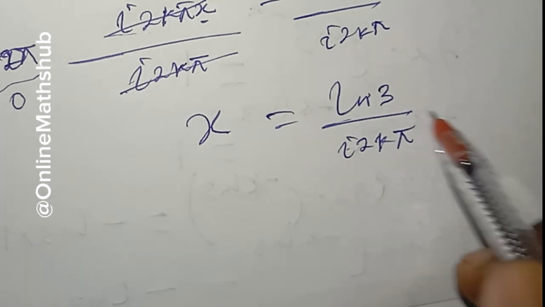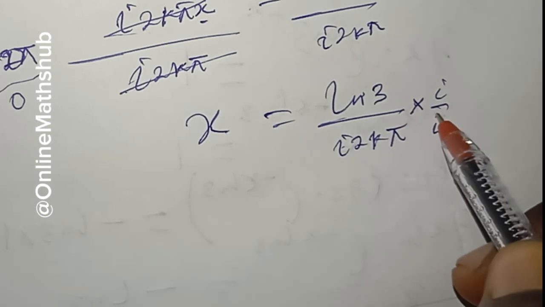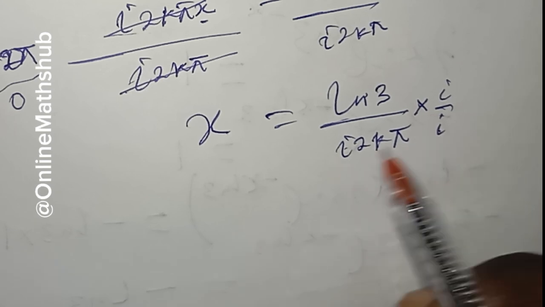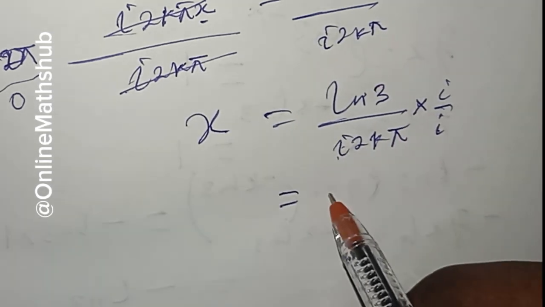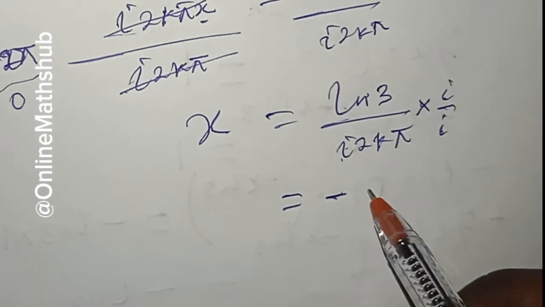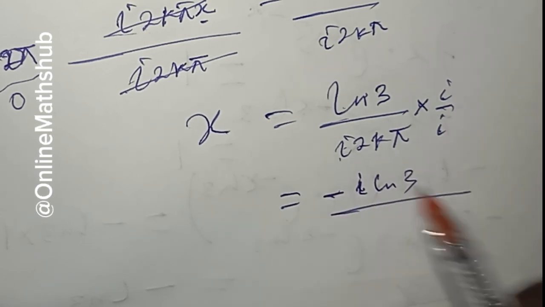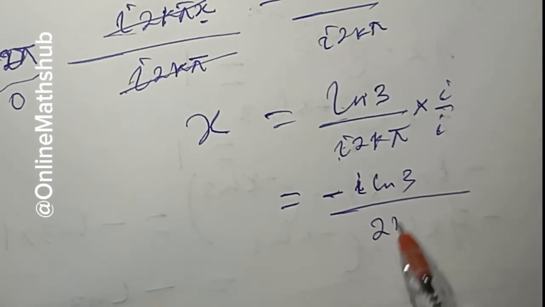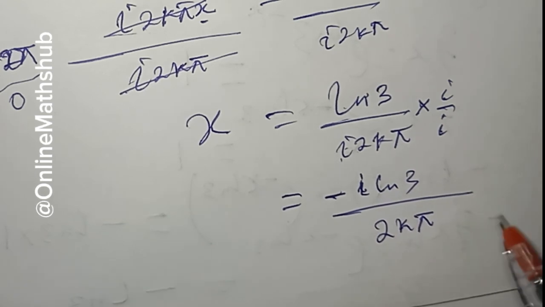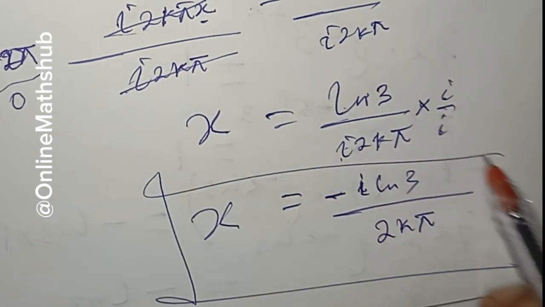It is as simple as multiplying both the numerator and the denominator by i, so that i times i here gives us minus 1. So the minus comes to the numerator, and i times natural log of 3 gives us i natural log of 3, divided by 2k pi at the denominator. This is the value of x that will satisfy the problem we are solving.